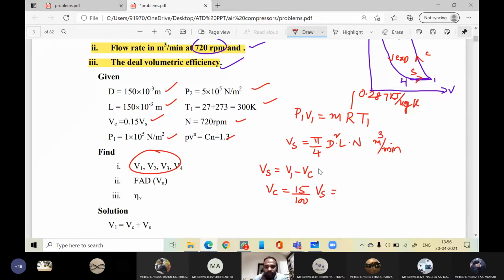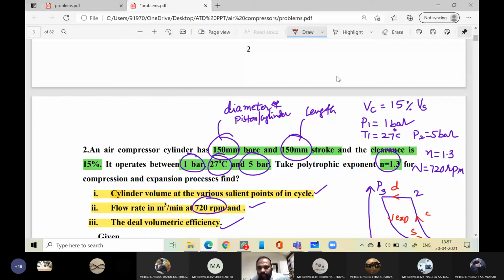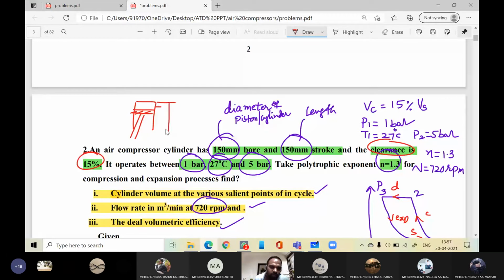Sir, why are we taking 15% of swept volume? Because here in the problem the clearance is given as 15%. Clearance volume is always represented in terms of swept volume only. If you see, this is the cylinder and this is the piston, and from here to here is normally the swept volume, but due to this clearance, this is the remaining swept volume.